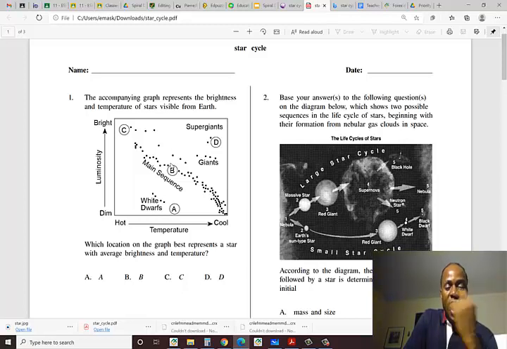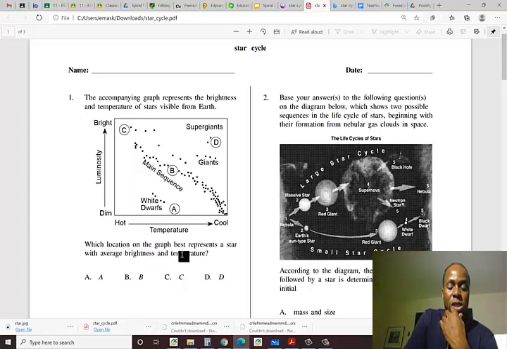But the question is average brightness and temperature. So average temperature would also be in the middle. This is hot and this is cool, so in the middle, I'm going to extend that. This area marked A is actually average temperature as well. So my answer could be either A or B.